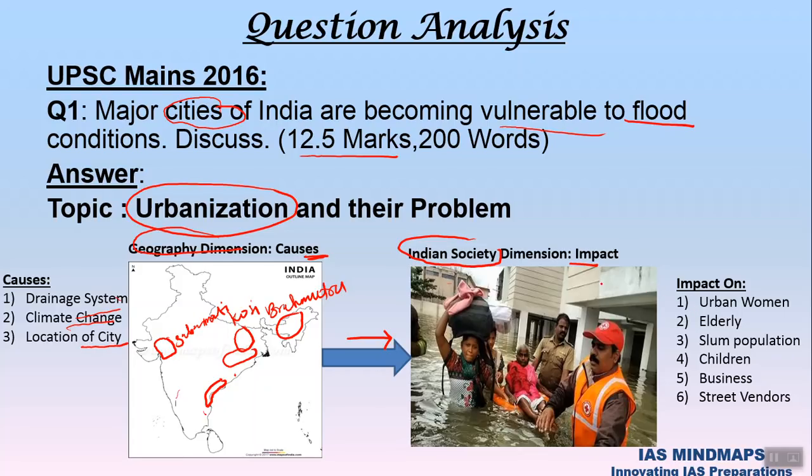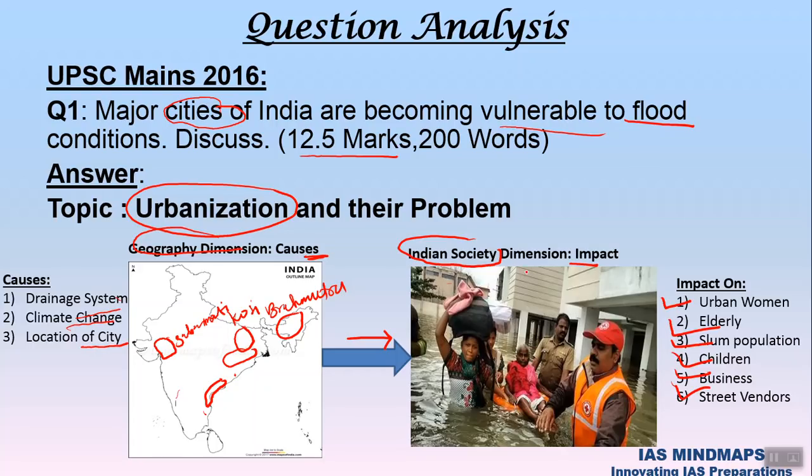Its impact on urban women, on the elderly, on the slum population, on children, businesses and street vendors. So basically the impact will be more on the vulnerable sections of the population, and we can write this in our body part.